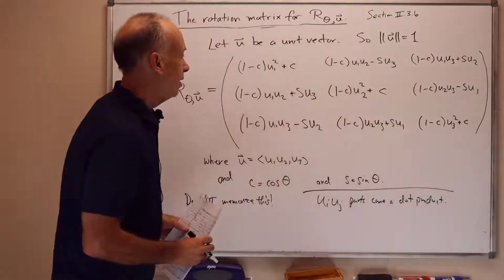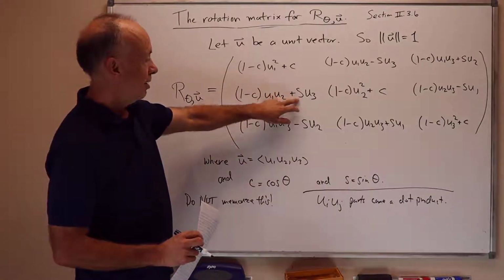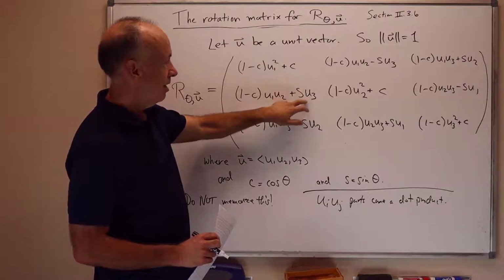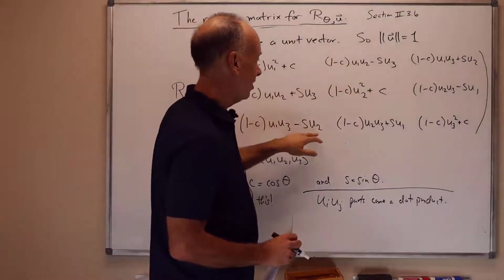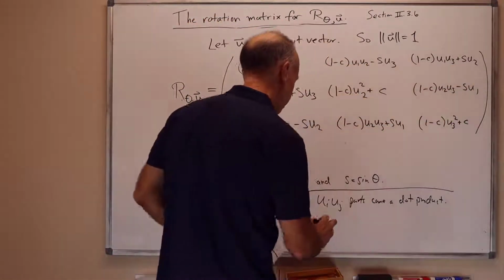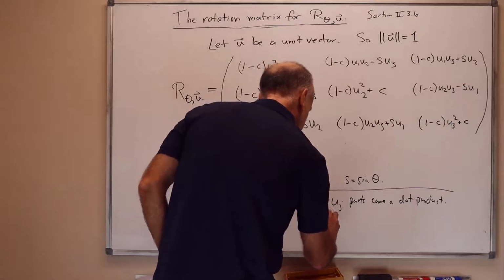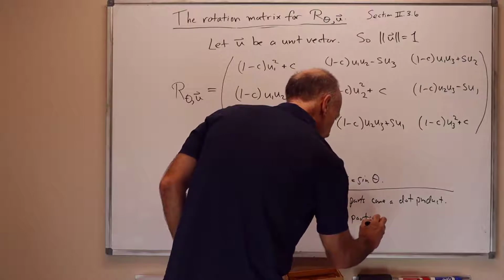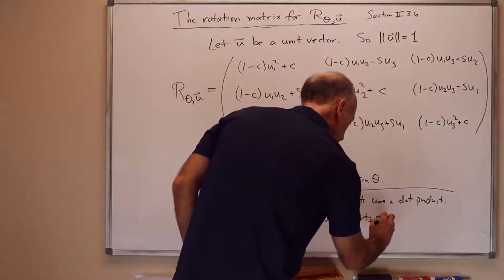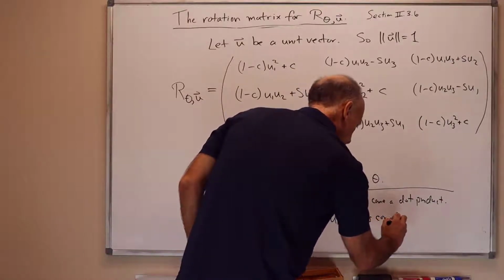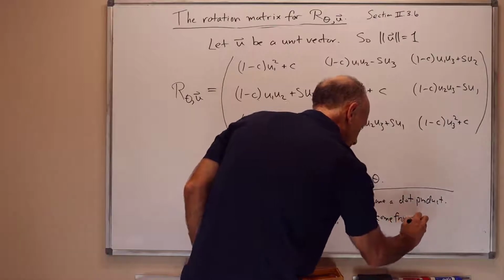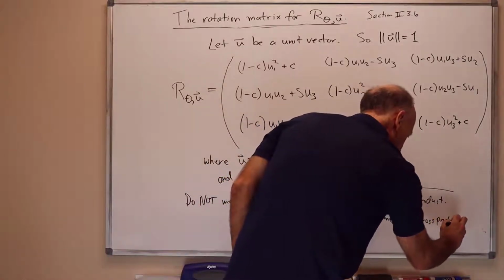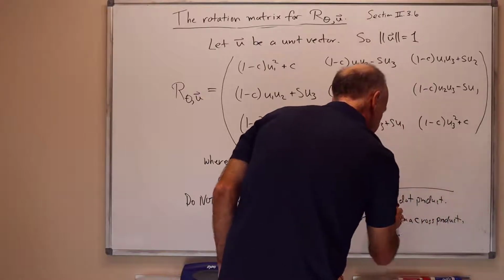And you also see these plus or minus s ui. It's plus s u3, minus s u3, minus s u2, plus s u2, and so forth. And then there's these plus or minus s ui factors, and these parts come from a cross product. And we'll see that coming up in the next derivation.